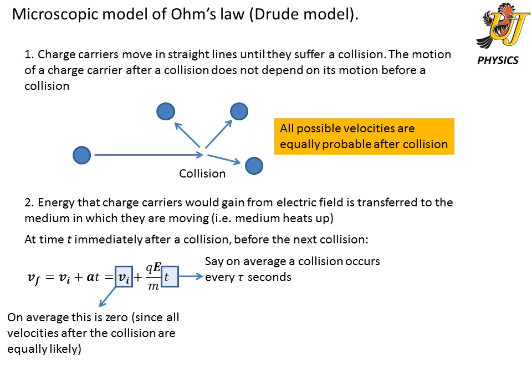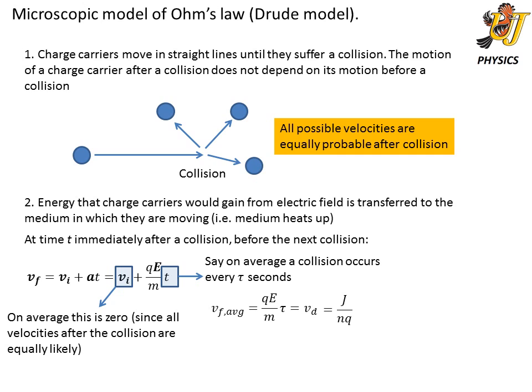If we say that on average a charge carrier suffers a collision every tau seconds, we find that the average speed of a charge carrier, which is equal to its drift speed, is expressible in terms of the electric field in the conductor, the time between collisions, the charge of the charge carrier, and its mass.